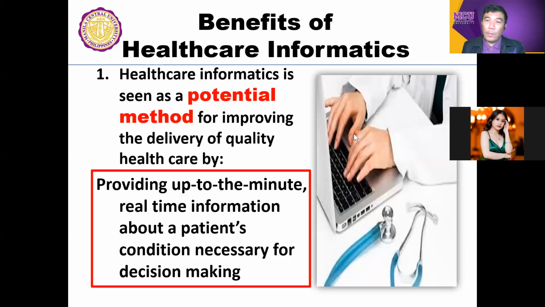Okay, so from the video presented, you have seen and observed that there are various skills that are very important when it comes to your engagement into health informatics. And if you have also observed in the presentation of the Texas University, they have also shifted to the offerings of programs that are related to health informatics, even in the undergraduate program and graduate programs on the master's and the doctorate degree programs.